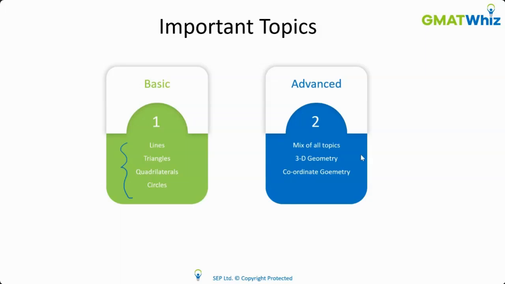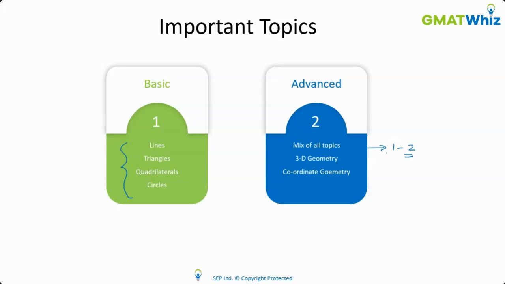A lot of questions give you a mix of them, and that is where people face a lot of problems. If you're really targeting a good score in the GMAT, it is really important that you know how to approach these kinds of questions. I am going to take up a few questions based on that, where we'll be focusing on just this mix of topics. I have one or two questions on this.